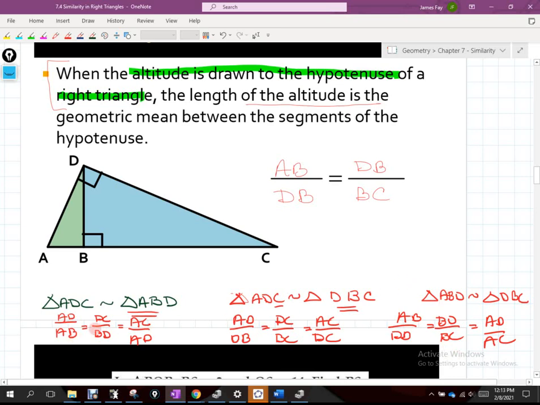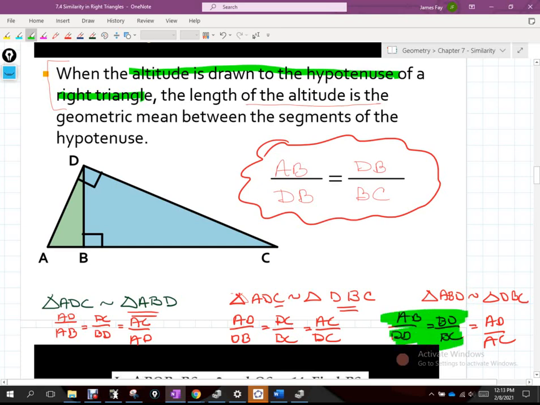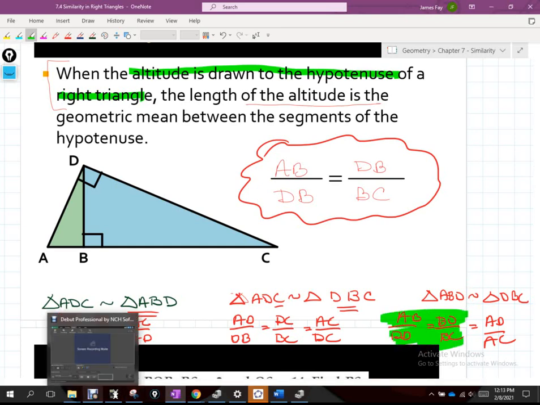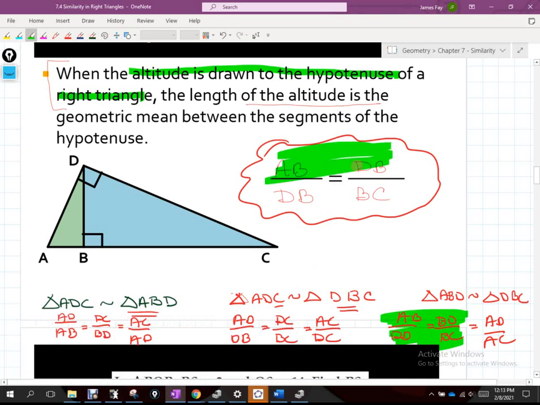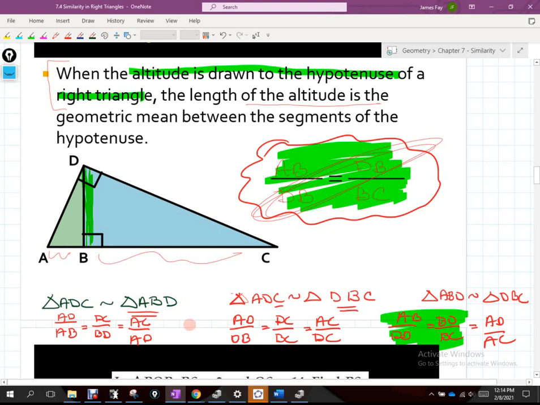Okay? Look through those ratios. Does this exist anywhere? It's right there, correct? Which route would you rather take to generate that? So this is going to be true all the time. Would you rather go this route here? Or would you rather say, okay, if I could take this altitude, that is going to be the geometric mean, so it goes there and there, between that part and that part, right?